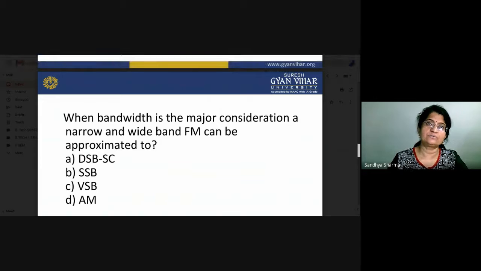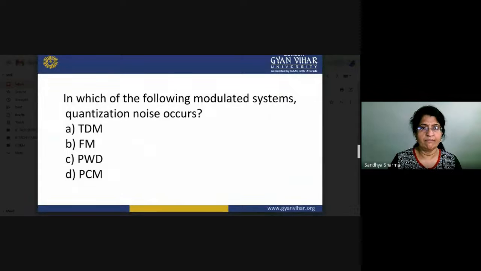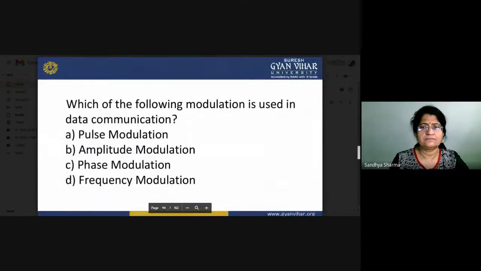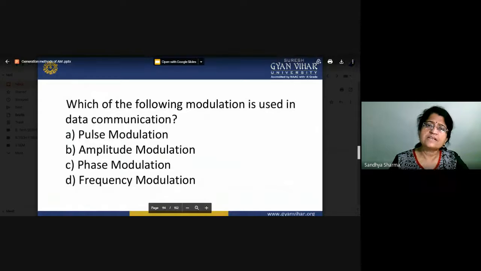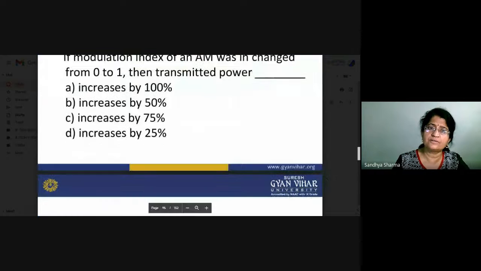So you have to show that it is amplitude modulation. Which part is equivalent to FM? Now we are focusing on quantization noise. Which type of modulation techniques are we opting for in data communication in the present scenario? You have to know about it.